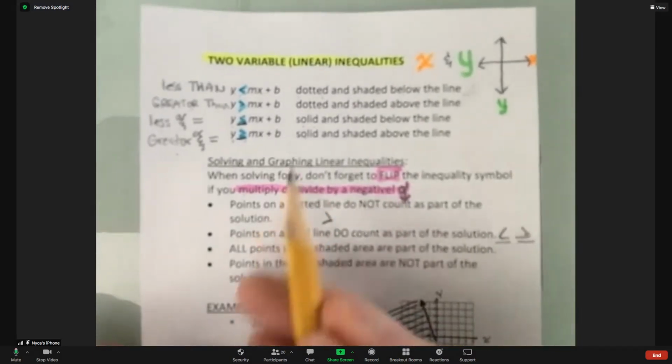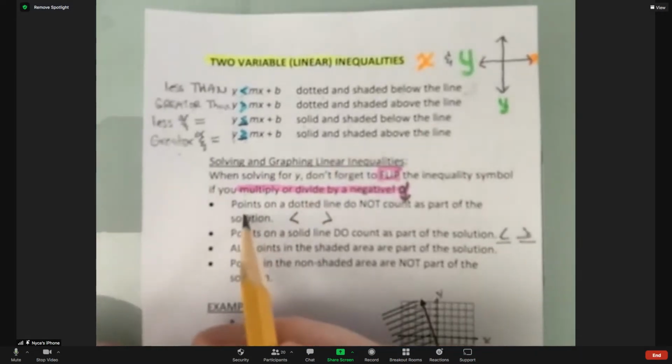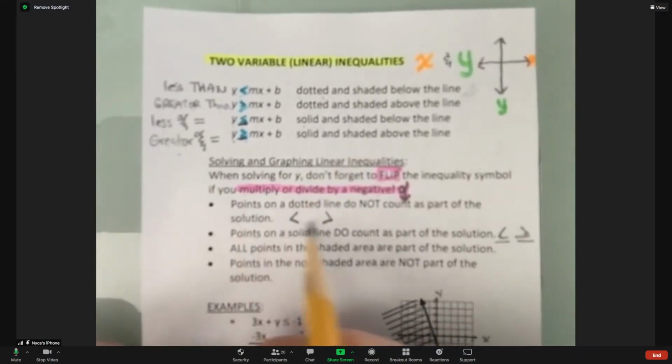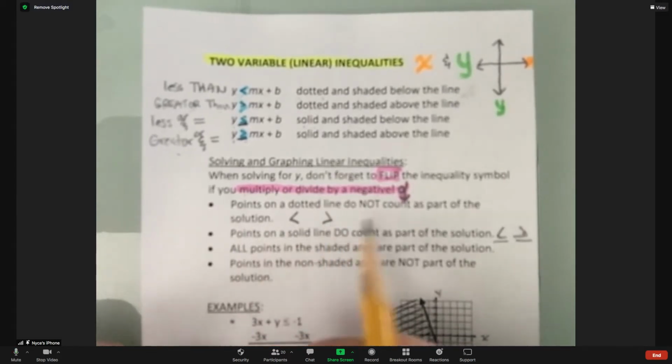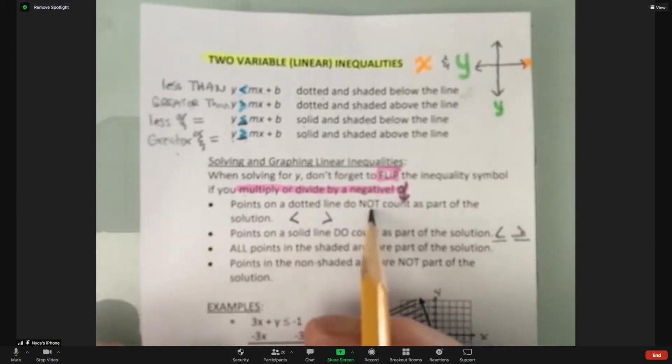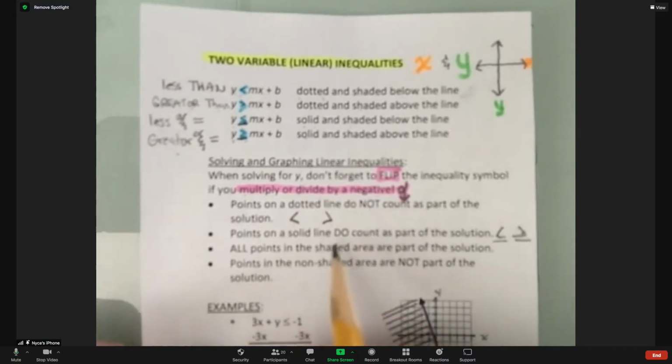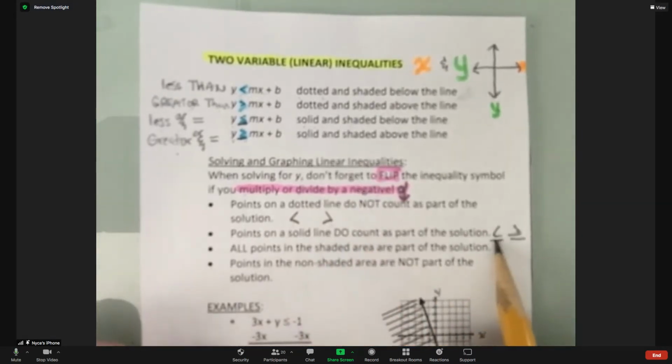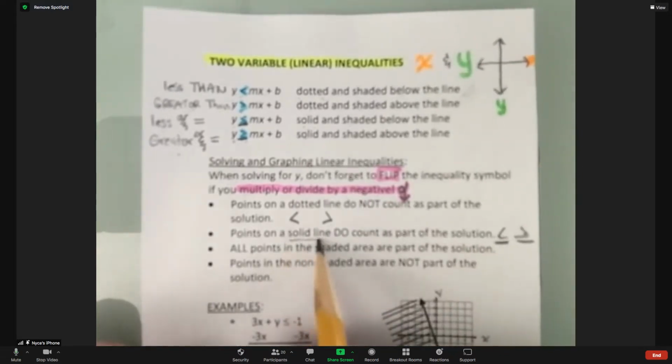As a reminder as to what I just mentioned above, if you have a dotted line, so you have less than or greater than, then the ordered pairs on the line do not count as a solution. They can only count if there's the equal to symbol, and when graphing, you will see a solid line.